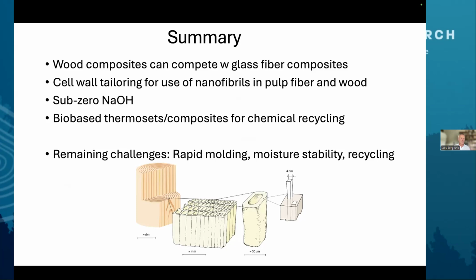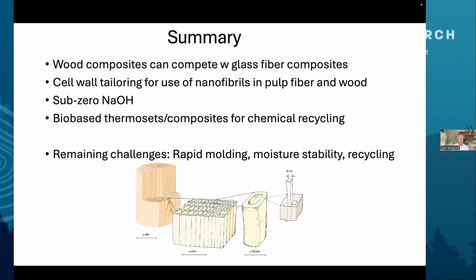And Peter Olsén's approach on bio-based thermosets for chemical recycling is very interesting for composites, and that's also worth continuing to try to increase the glass transition temperature, to try to learn how to balance recycling and durability in such materials.